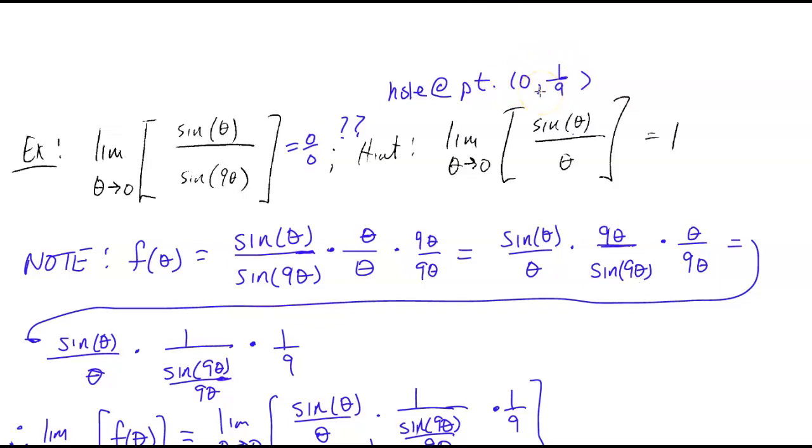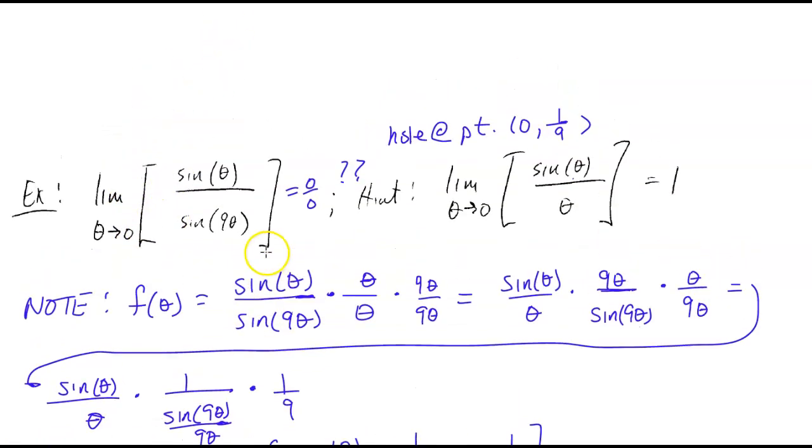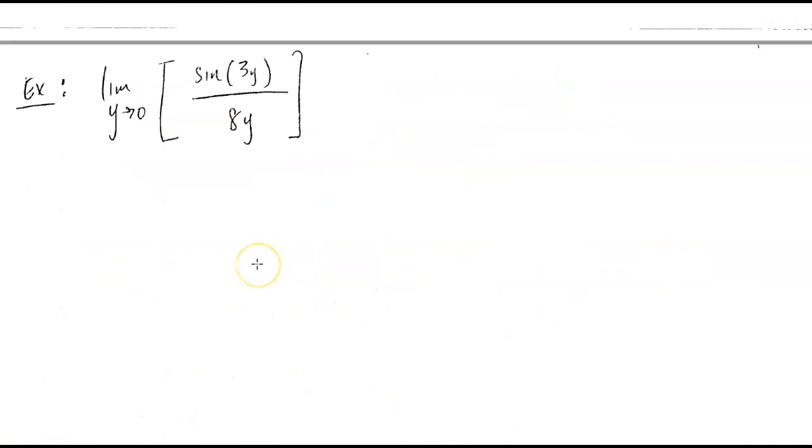So on the y-axis at the point (0, 1/9), you're going to have a hole in that graph. All right, so now that we see how this example works, we can come up here and work this example because it'll work the same way.